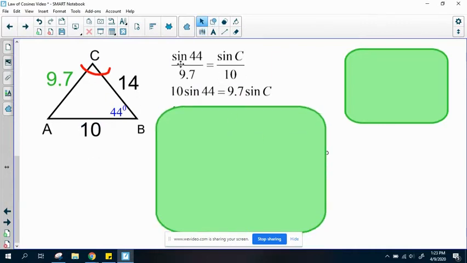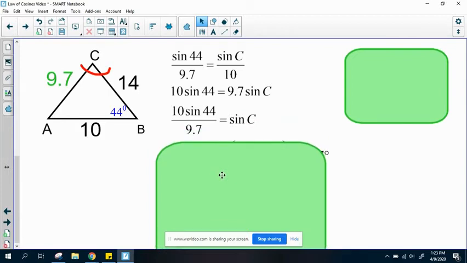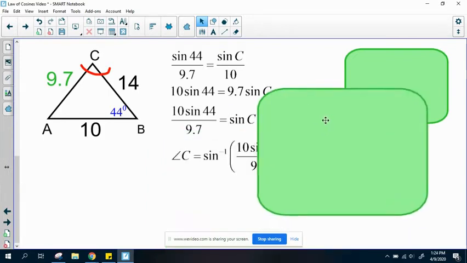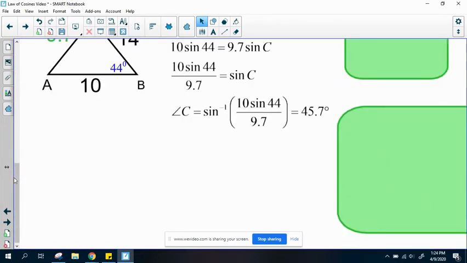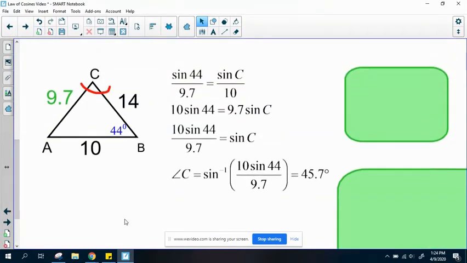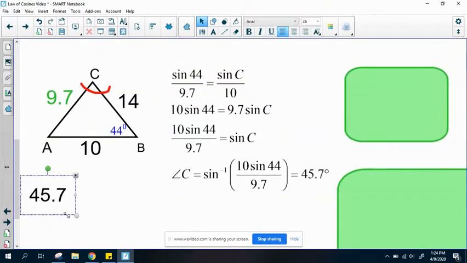So 10 times sine of 44 equals 9.7 sine of C. Then I'm trying to find sine C, so I'm going to divide this over. So I get that. And because I want to actually find the angle, I'm going to do the inverse of that. Okay, second sine again, type this in, and I get 45.7. So now I know that angle C is 45.7.